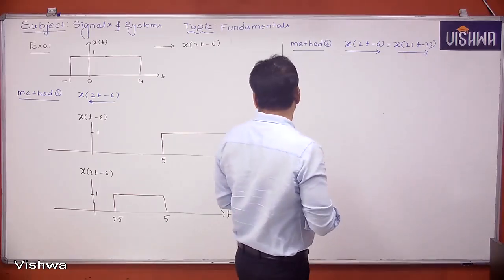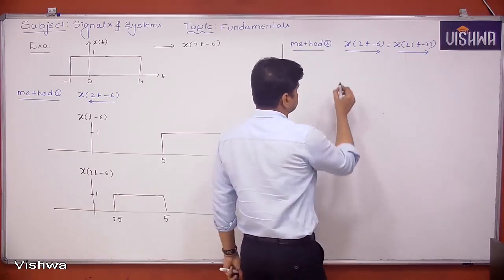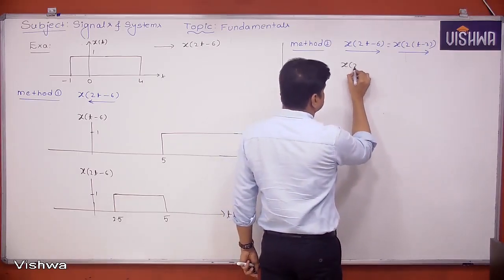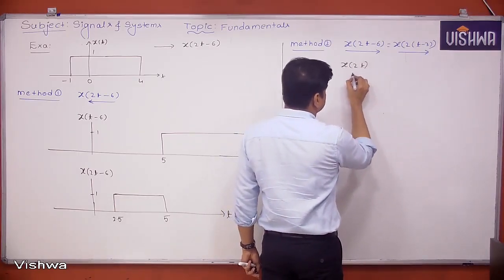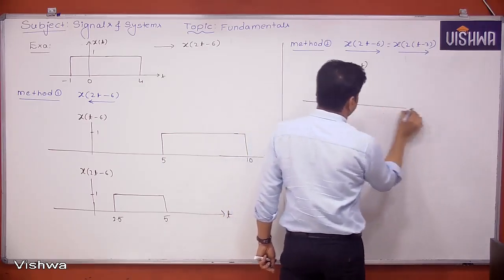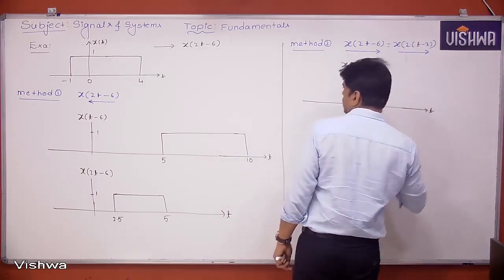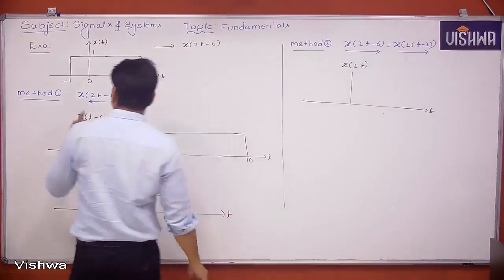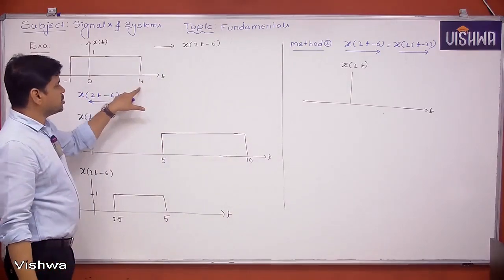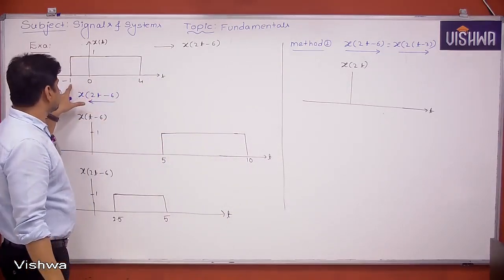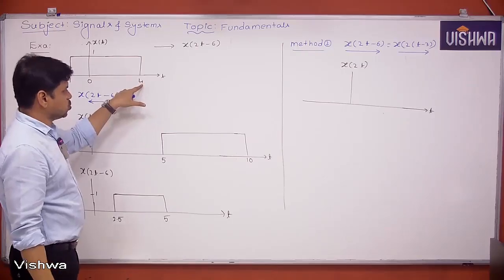First try to find x of 2t. X of 2t means each instant has to be divided by 2.